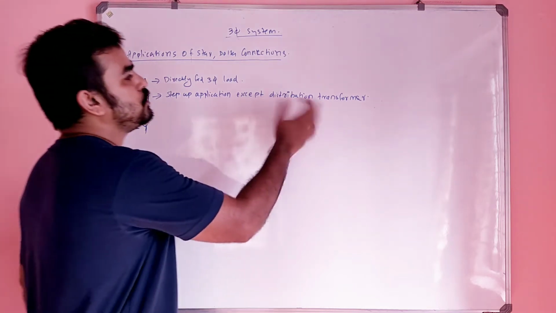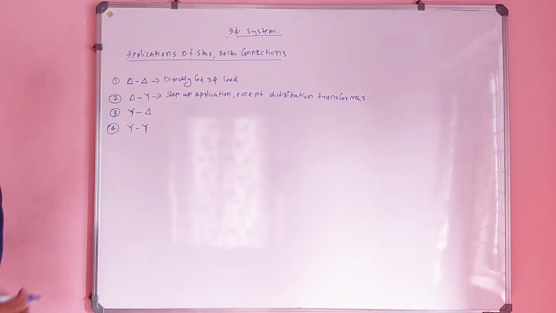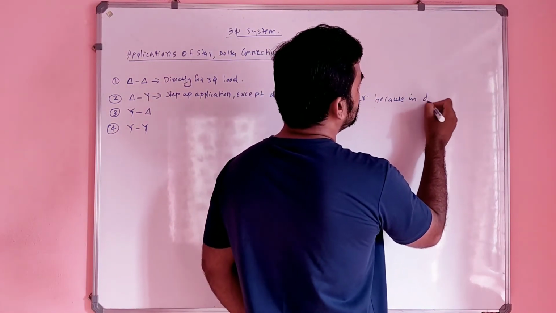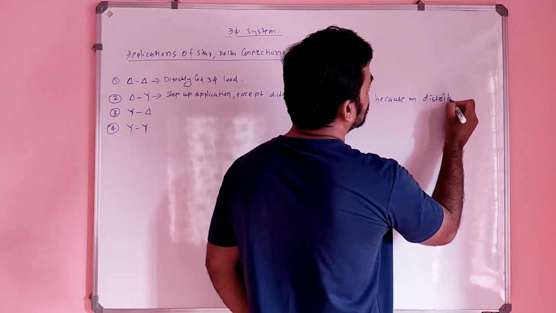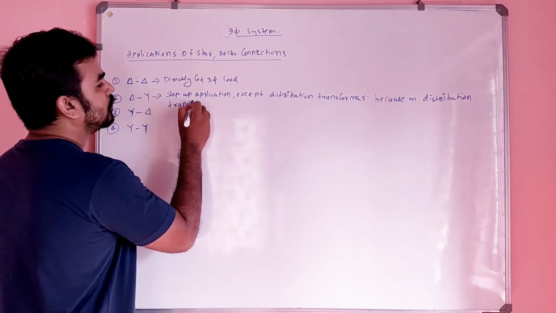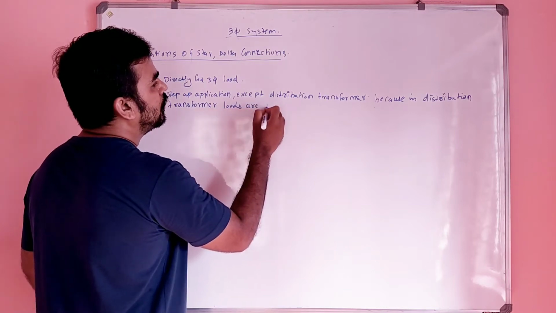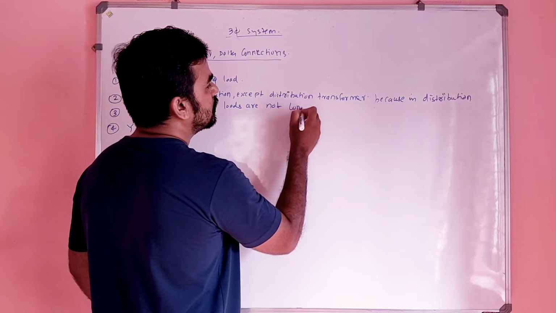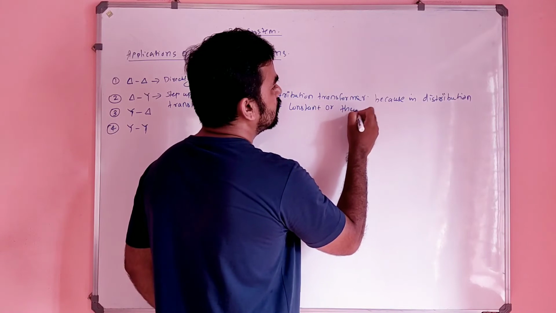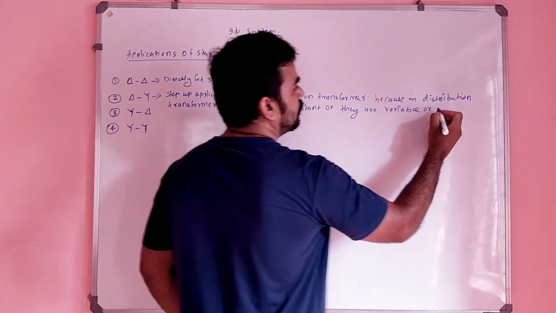So except in a distribution transformer, we can use the delta to star connection. Because in a distribution transformer, loads are not constant, they are variable, or not fixed.